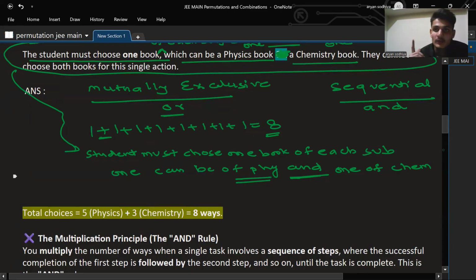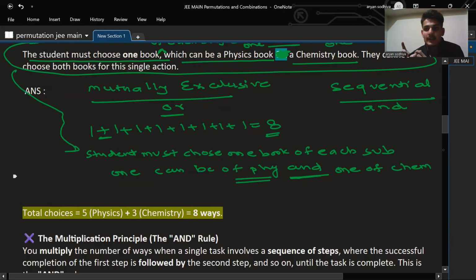But you need to select only one. So these 5 events are mutually exclusive in themselves. If S.C. Verma is selected, the other 4 can't be selected. That's what mutually exclusive means. If one is completed, the others do not need to be completed. If you selected S.C. Verma of physics, you don't need to select Singh or the others.